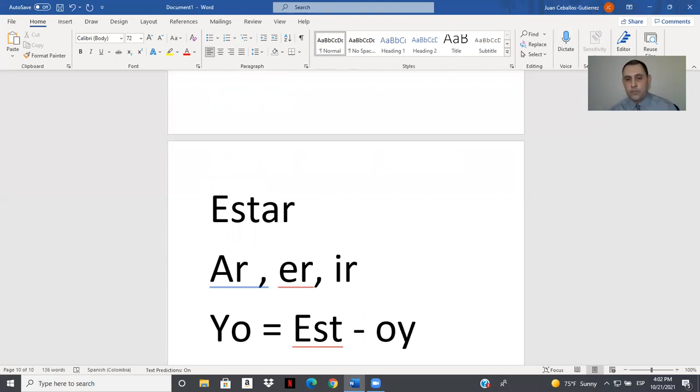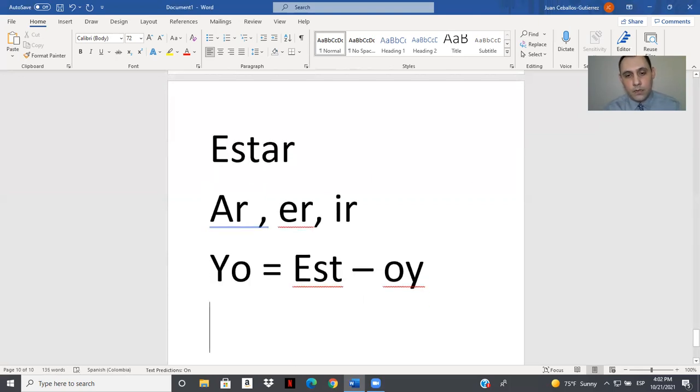That's first person singular. I'm only talking about the verb estar, not other verbs, because estar is irregular in the first person. Now, how do you conjugate the verb estar in the second person? Try to think about it, and I'm going to give you the answer now. Usted. Usted is second person.